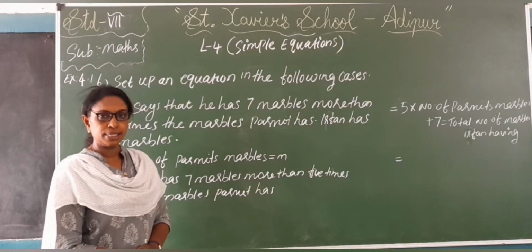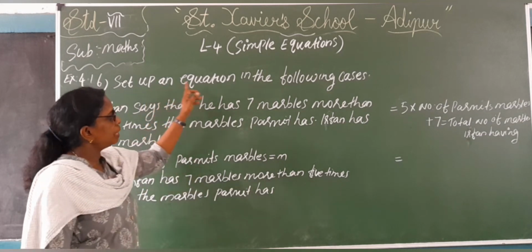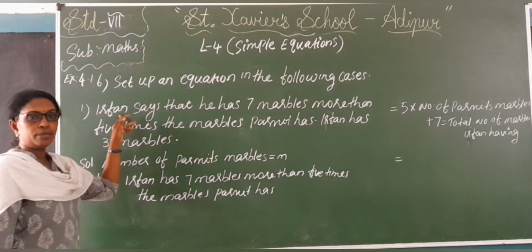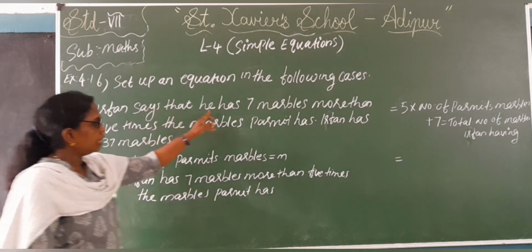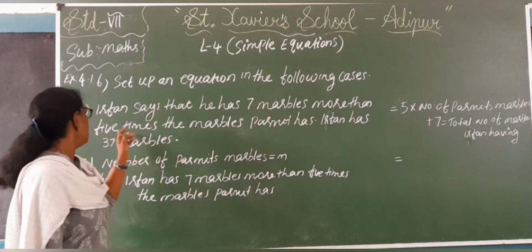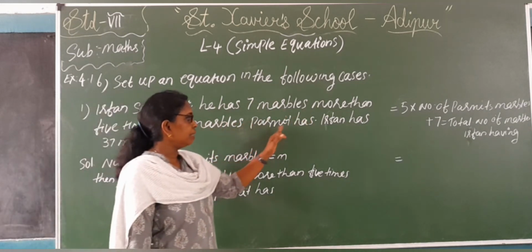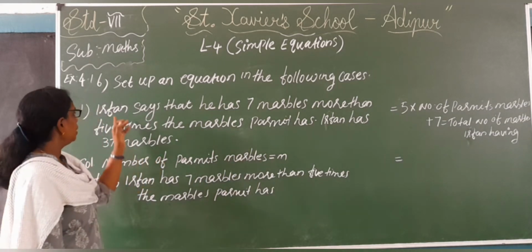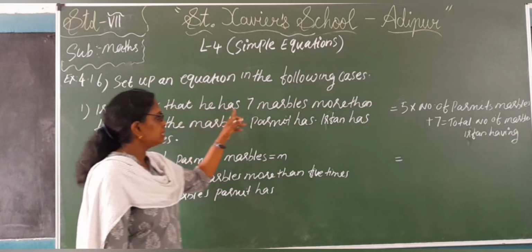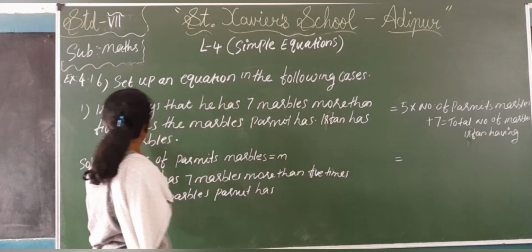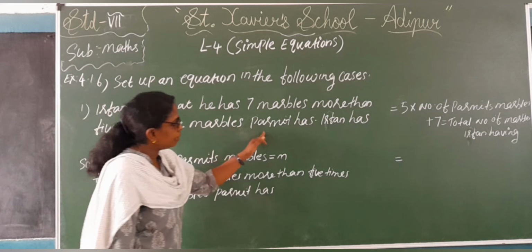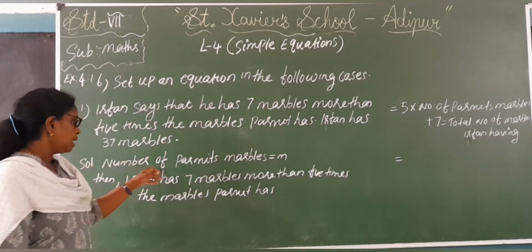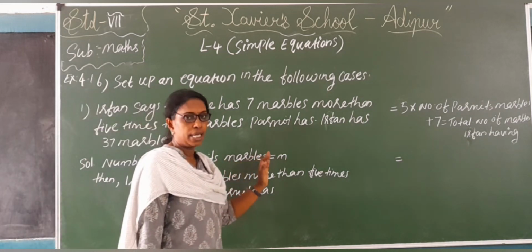Question number 6. Set up an equation in the following cases. The first question: Irfan says that he has 7 marbles more than 5 times the marbles Parveen has. Irfan has 37 marbles. Let the number of Parveen's marbles be m.